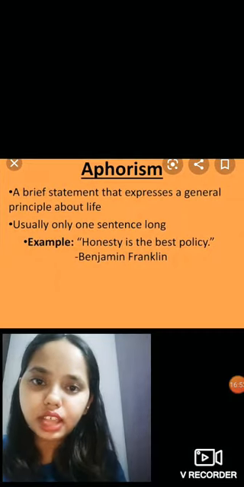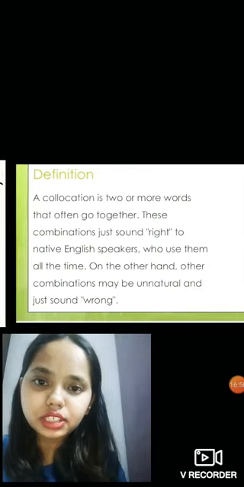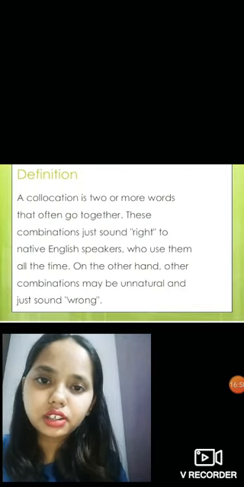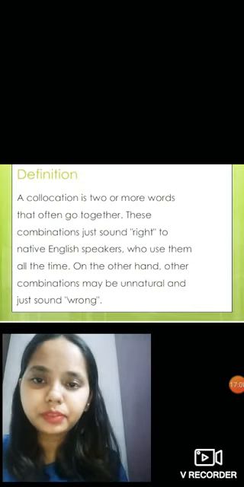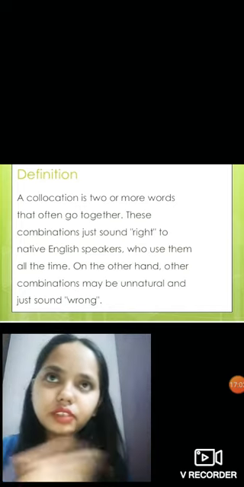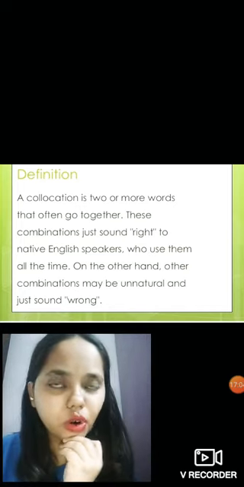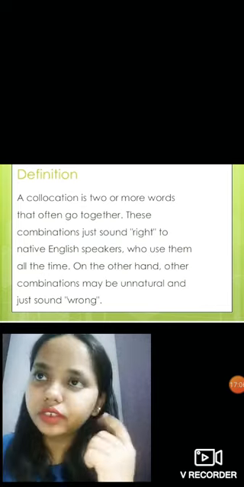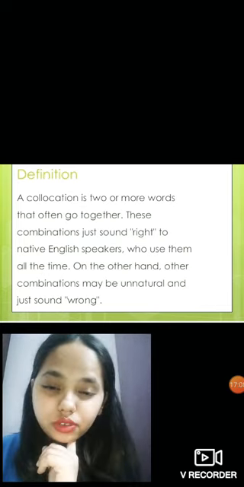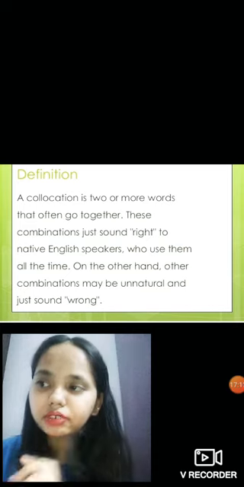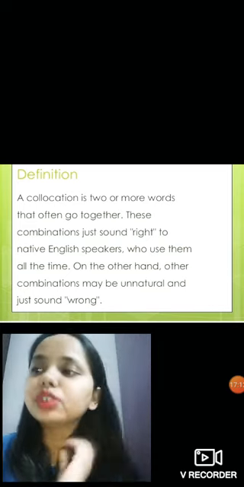That's why we find it right when we speak that. If you use another word with it, we find it very odd to our ears while hearing it.